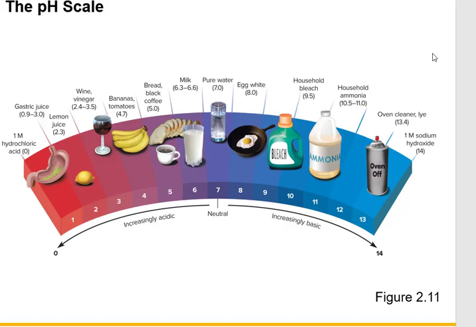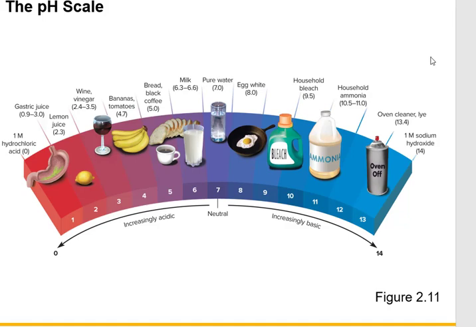Now, depending on what is in the solution with the water, something may come along and take up the OH, leaving a lot of hydrogen free in the solution. The more free hydrogen that there is in the solution, the more acidic that we say it is.